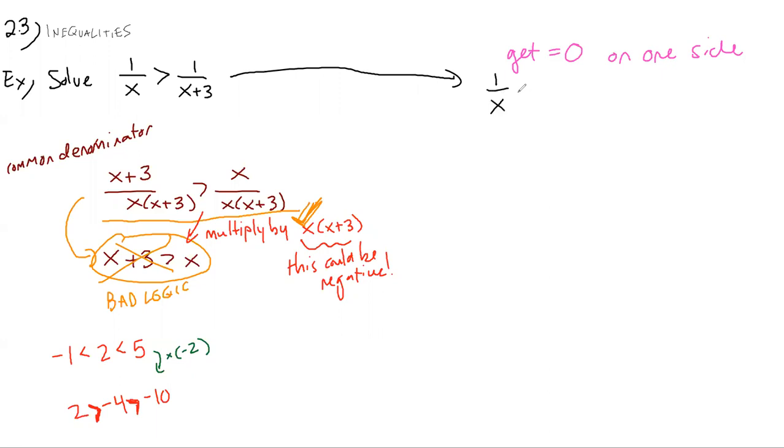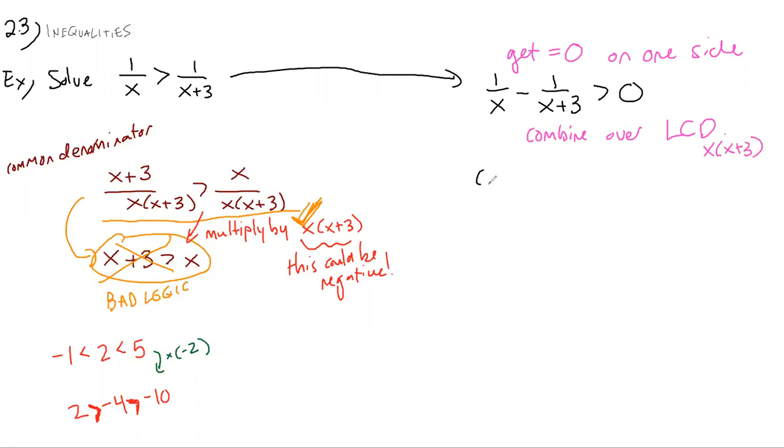So I'm going to do 1 over x minus 1 over x plus 3, and now say that this should be greater than or equal to 0. And then I'm going to do kind of what I did on the left here. I'm going to combine them over the common denominator. So my least common denominator, which should be x times x plus 3.